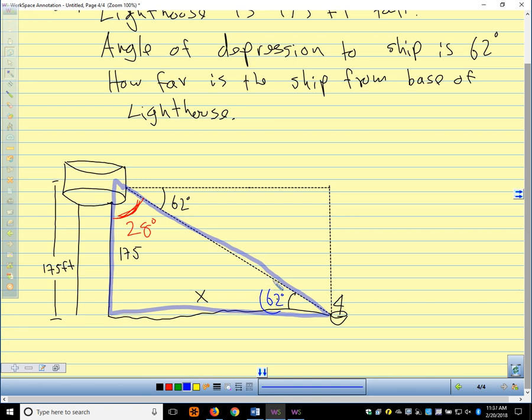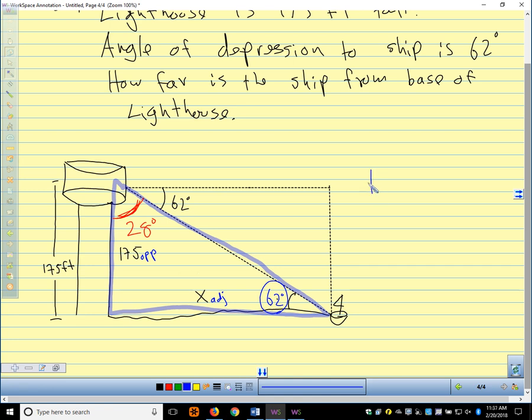Let's set it up with a 62 degree angle first, and then we'll show how we do it with a 28 degree angle. All right, so for the 62 degree angle, is this side the opposite, the adjacent, or the hypotenuse? That would be the adjacent for the blue 62 degree angle. This side? Opposite. So which ratio tells us about opposite and adjacent? Tangent.